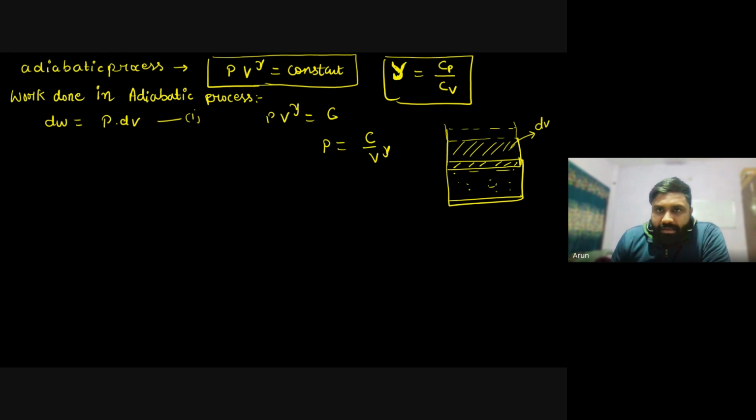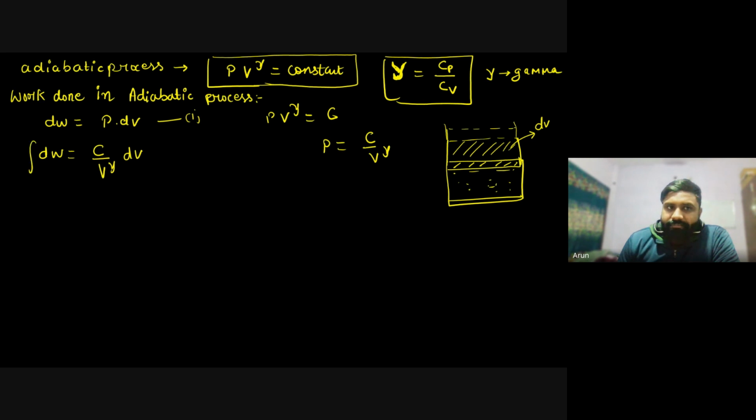Try to remember that this is gamma. Now put this value in equation number 1. So what do we have? dW is equal to capital C over V raised to the power gamma into dV.